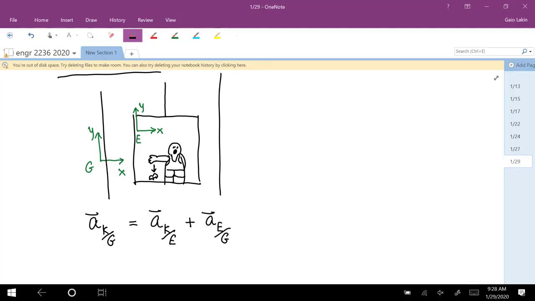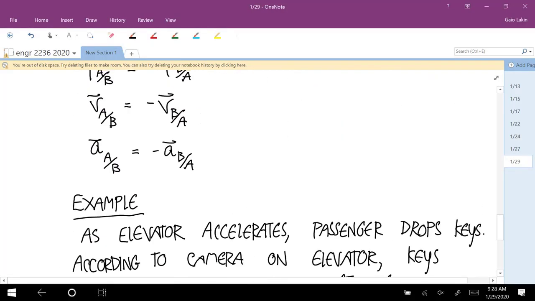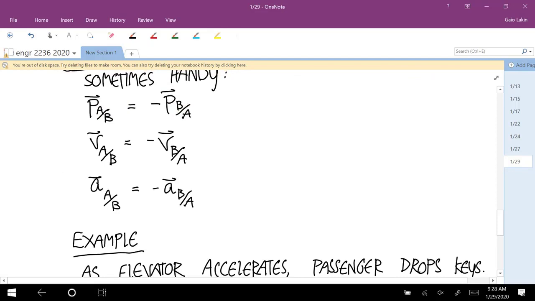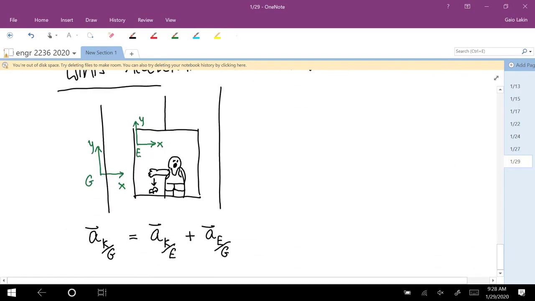But otherwise, you can also set it up with the left side having the variable you're trying to find, with whatever combinations you need to make the fraction multiplication work, and then use these to flip the subscripts to make sense out of it. I'll show you that in a second.